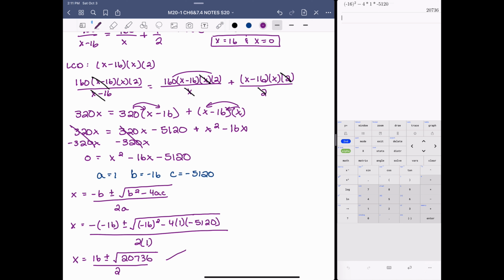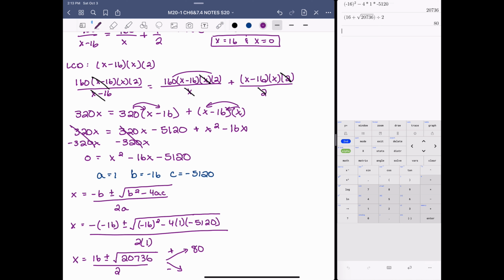Let's calculate each situation, the plus and the minus. Starting with the plus, I want brackets around my numerator. Bracket 16 plus the square root of 20,736. Then I want to close the bracket. I'm going to move over so I'm outside my square root, then close the bracket, then divide by 2, and we get 80.